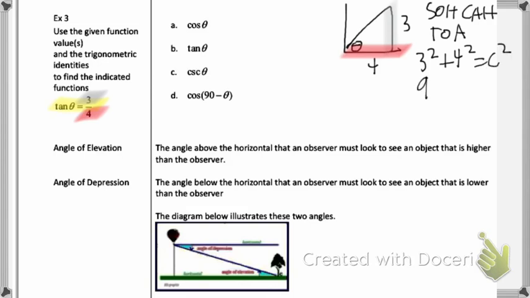So 9 plus 16 equals c squared. 16 plus 9 equals 25. So after you square root it, c equals 5. So this side is 5, and that side is the hypotenuse.